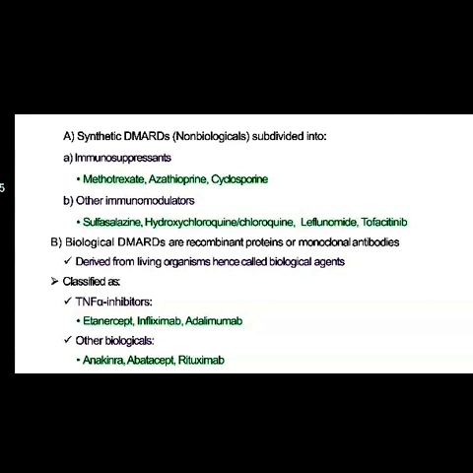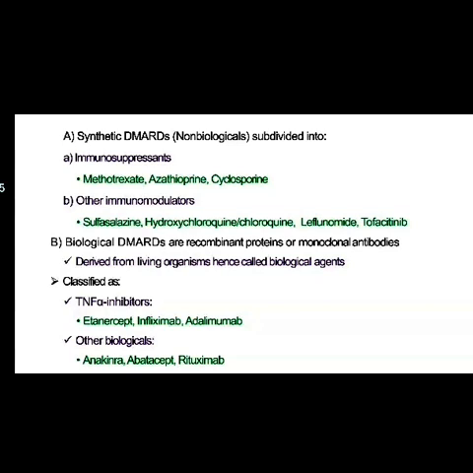Whereas the immunomodulators are sulfasalazine, hydroxychloroquine, leflunomide, and tocilizumab, or you can say these antibodies are also used.